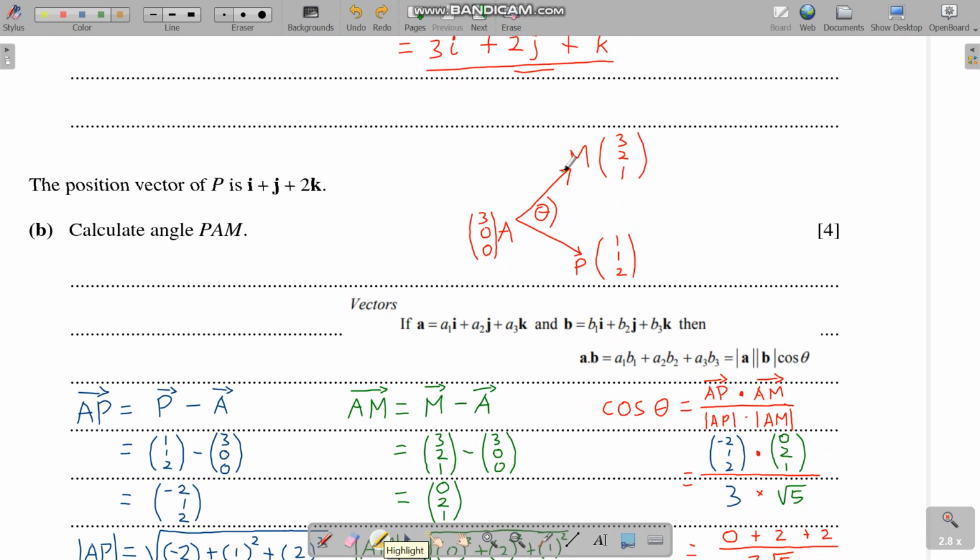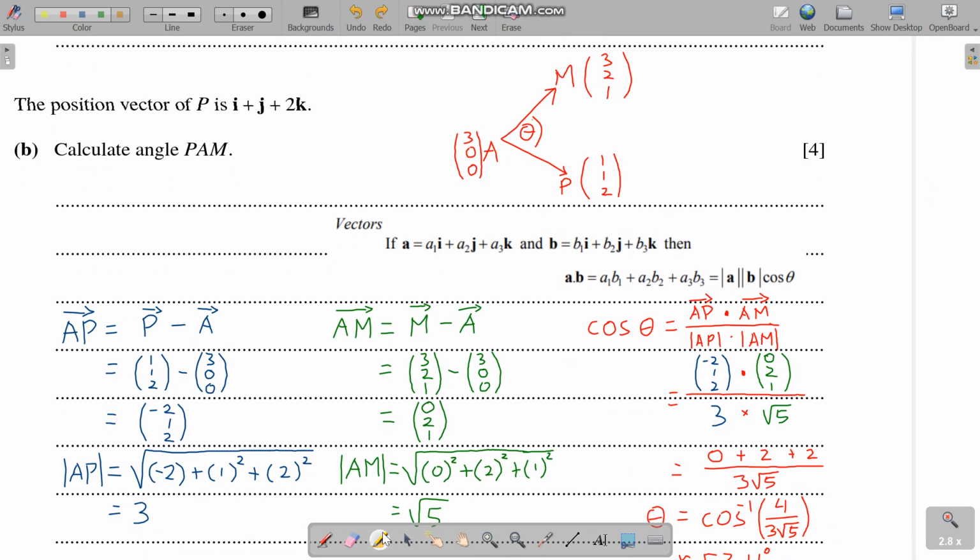Now be careful with the arrow direction here. If you are looking for the angle theta here, you have to use the direction from A to M and from A to P, both starting from A. So we need the vectors AM and AP. Now if you look at the formula, we have the dot product formula.